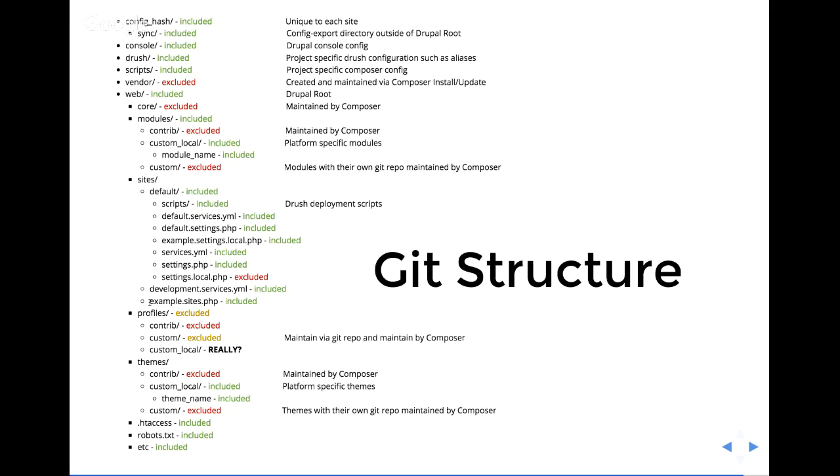Development services, example sites, those you want to include. Profiles, these are like the minimum or standard, or a lot of the contrib Drupal profiles that are out there, basically pre-configured Drupal configurations.